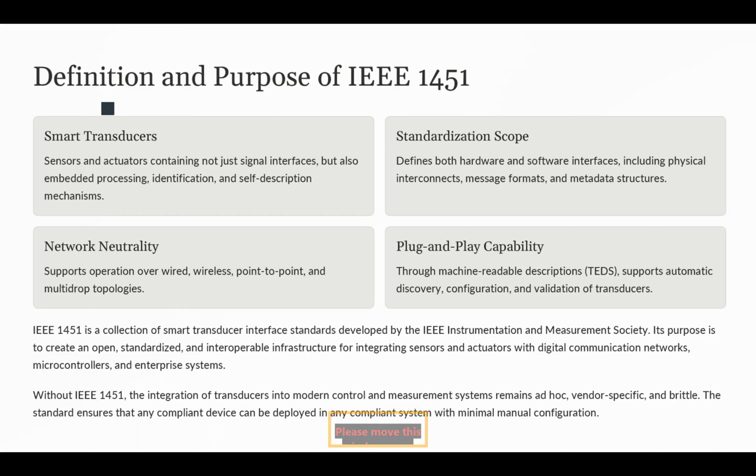The integration will depend on custom code. So there are vendor-specific drivers for each sensor and actuator, and it should be hardwired configurations because they cannot identify each other as part of the system. So this is important. IEEE 1451 helps us significantly to have easier integration of transducers.